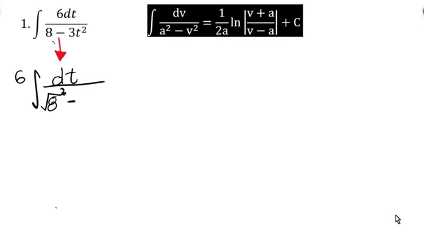Now we're going to put in the minus sign, and then we need a v squared. How are we going to do that? Well, to do that, we're going to put in the 3t, obviously, and you can see here that we have the square already on the t.